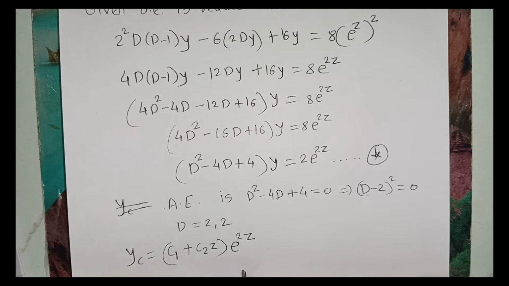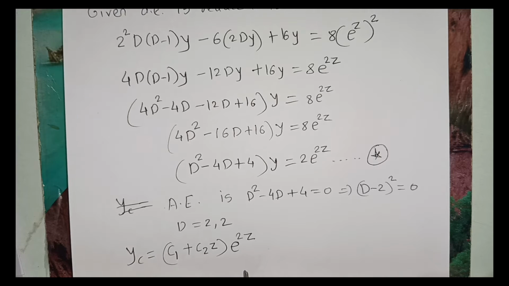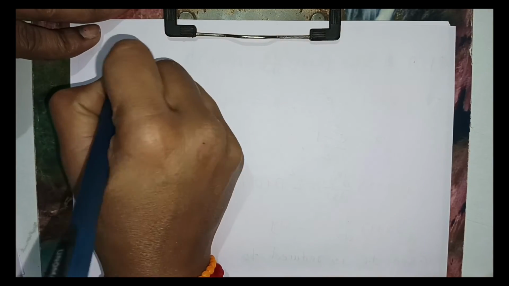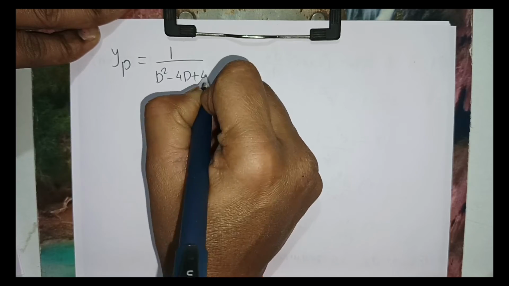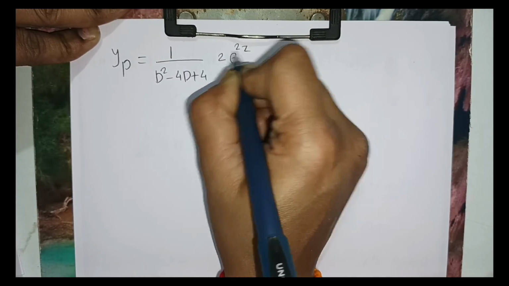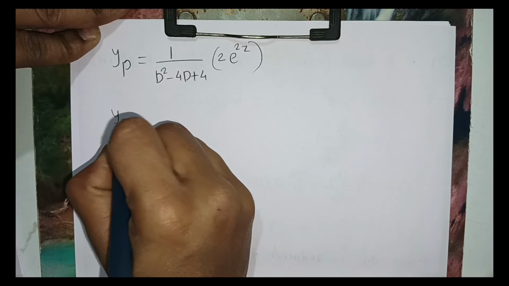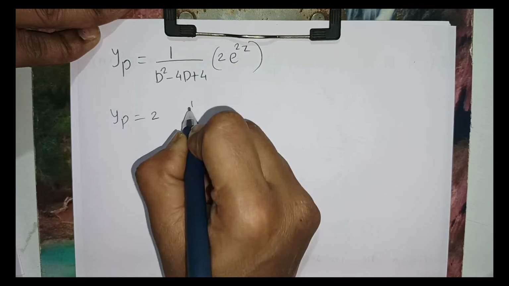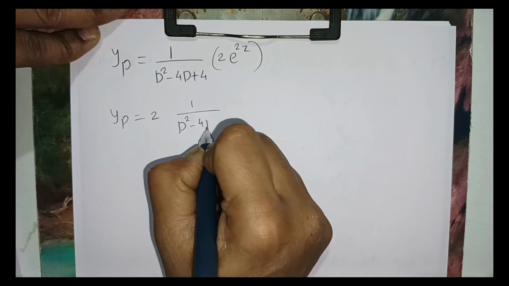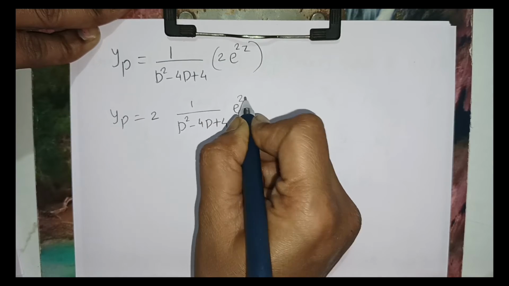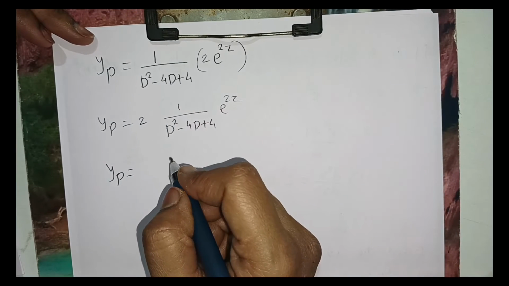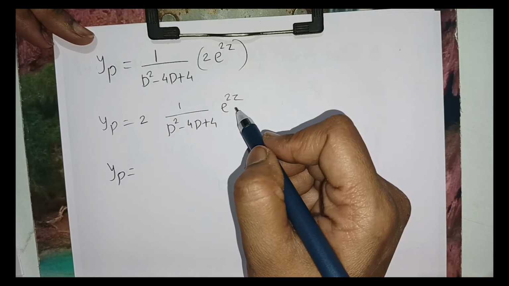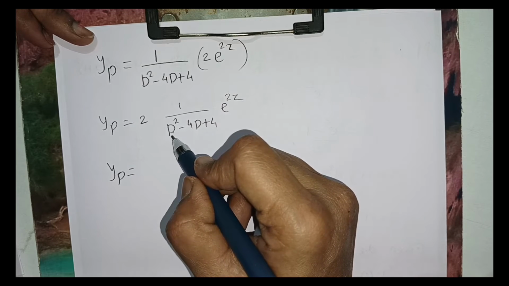Now for yp you have to apply the shortcut case. yp is equal to 1 upon D squared minus 4D plus 4 operating on 2 e raised to 2z. 2 is a constant, so you can take it in common. So 1 upon D squared minus 4D plus 4 operating on e raised to 2z. This is the exponential shortcut case. If you have e raised to ax, then we replace D by a in the denominator.